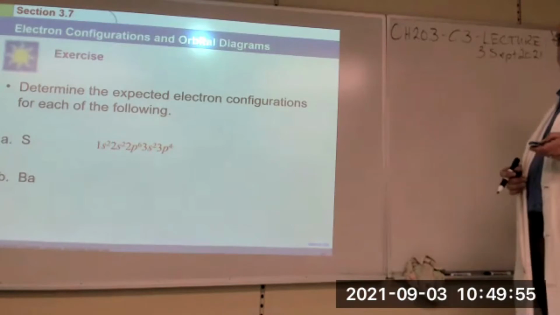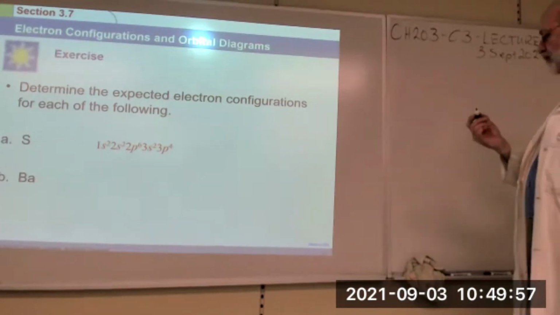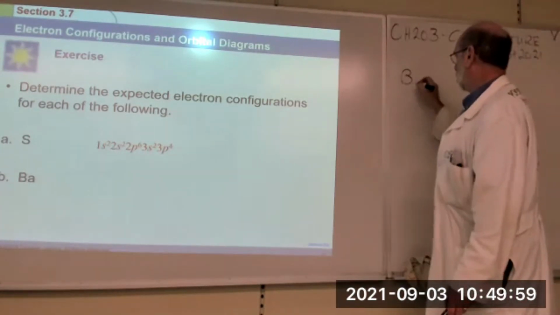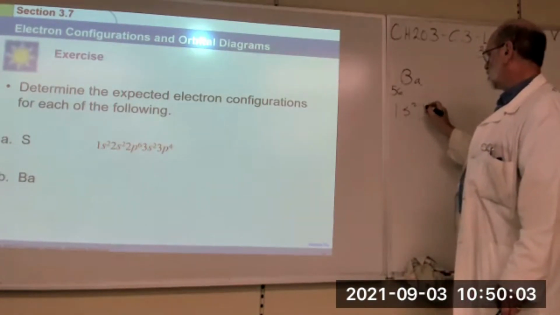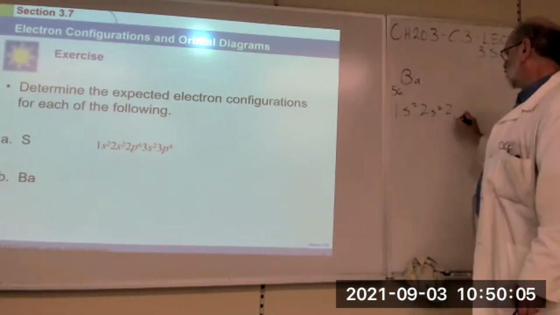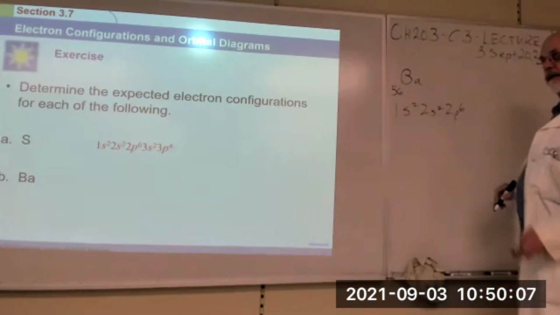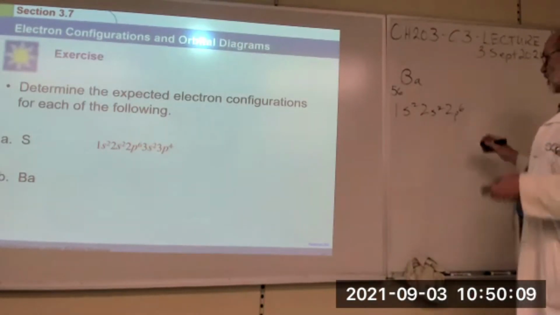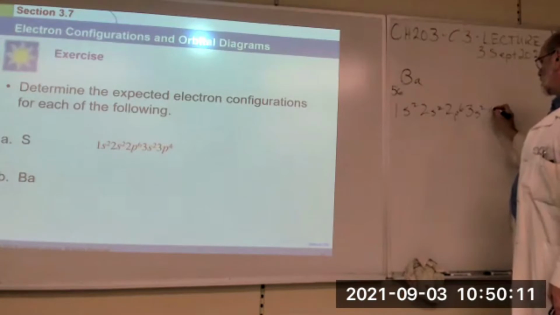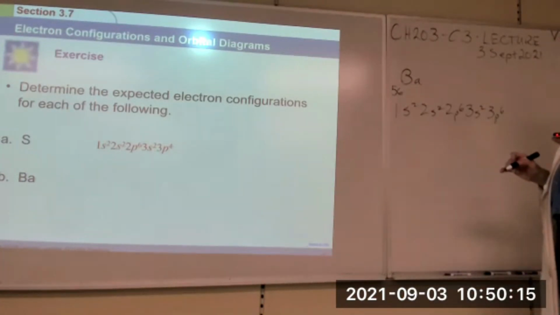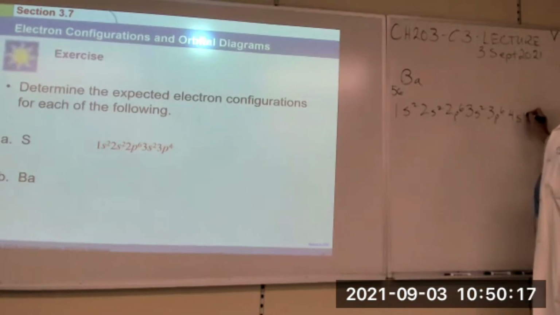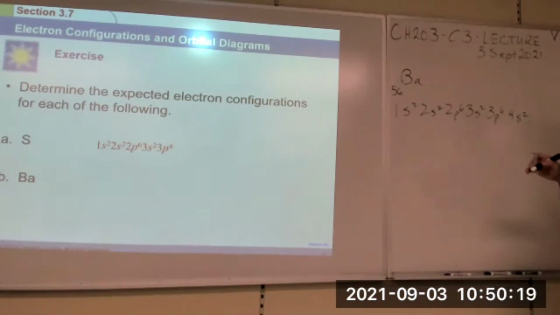So let's do it the long way first. Barium's 56. Okay, so we have 1s2, 2s2, 2p6. We go down to 3s and 3p, 3s2, 3p6. Okay, then we come back around to 4s, 4s2, and then we go to 3d.